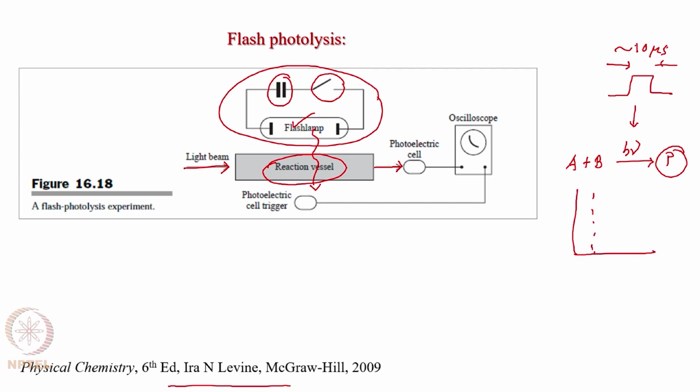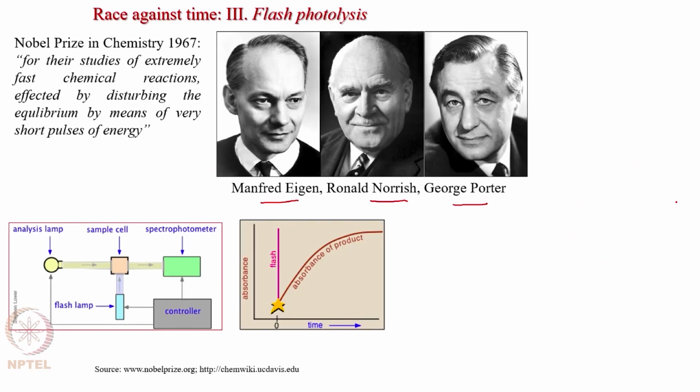Suppose this is the time at which I started my flash, and then all of a sudden I will see the product concentration rise, and then it will reach an equilibrium. From that time scale I can calculate the time scale of formation of the product. So, you can also see the other picture.